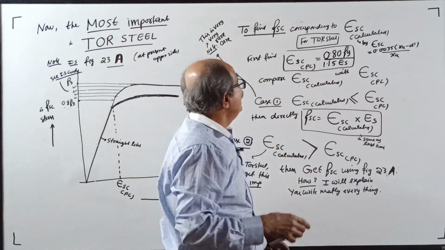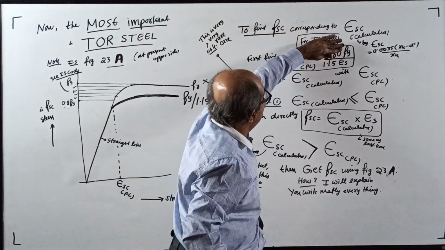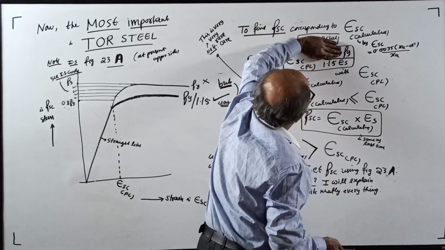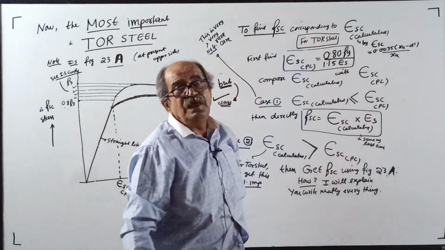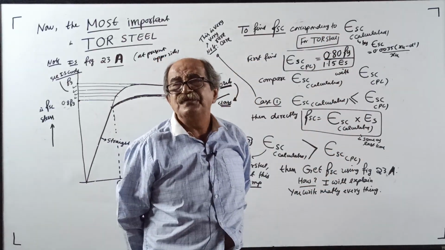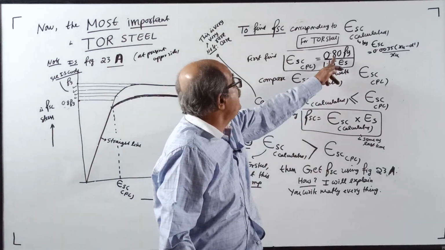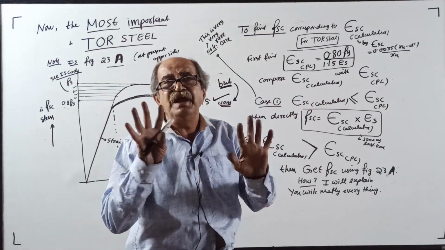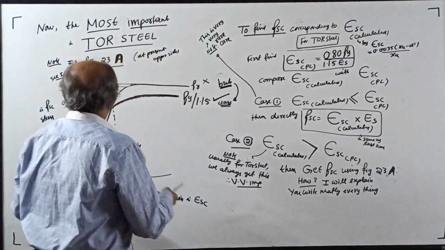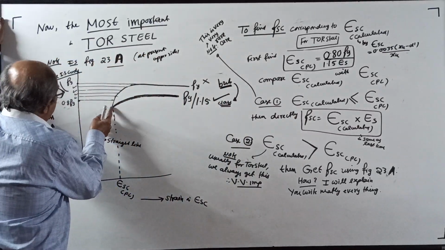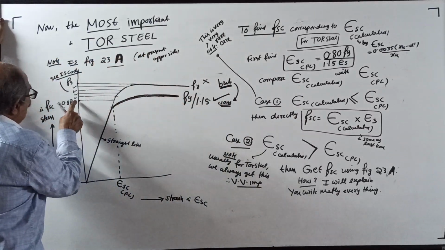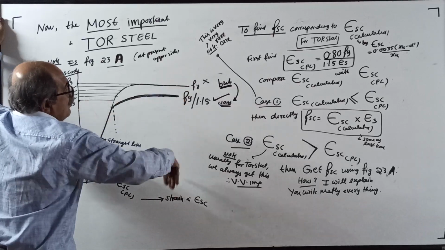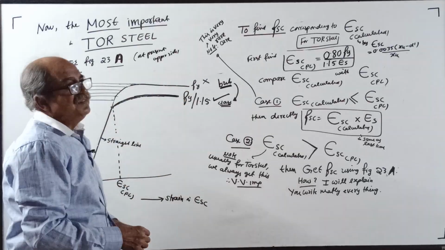Now one big note to make here. For mild steel, the formula is, as I just told, Fy by 1.15 ES. Somebody will ask, sir, why 0.8? I am telling you, take it. There is no time to go that deep.